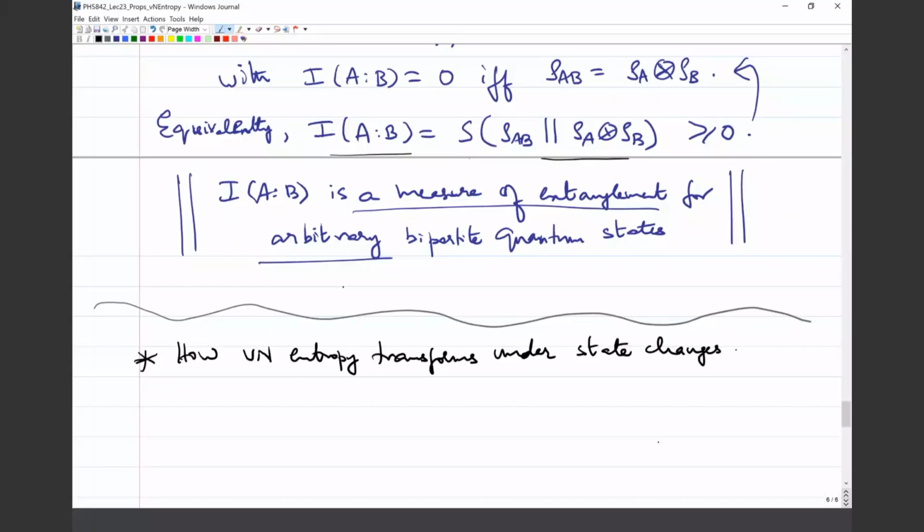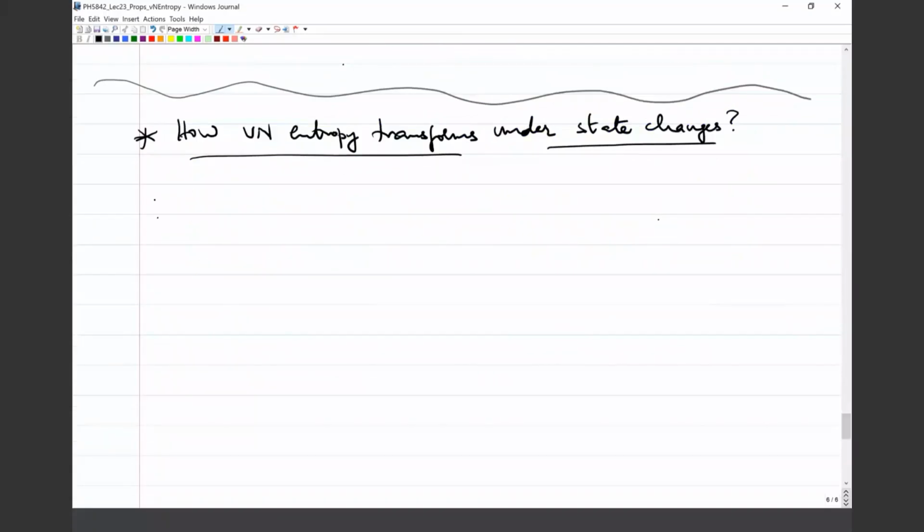So what do I mean by that? Let us look at one very standard example, which is to ask how S of rho changes. Let me first discuss this under projective measurements.